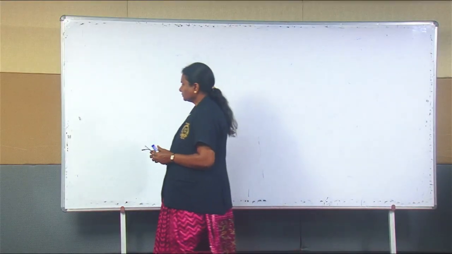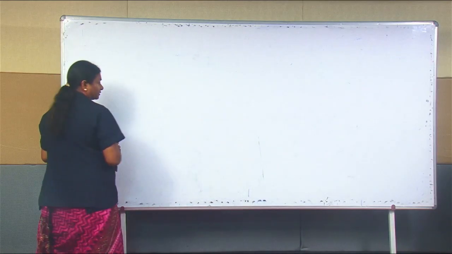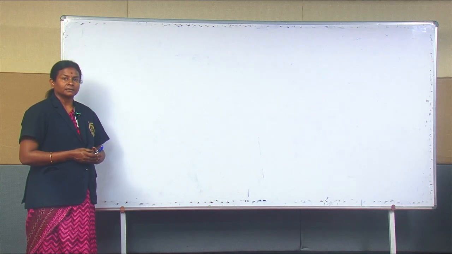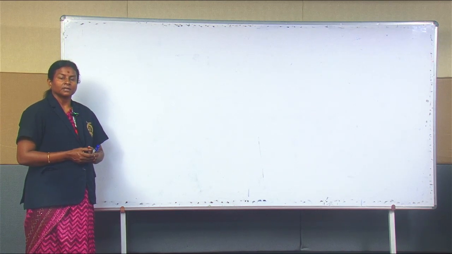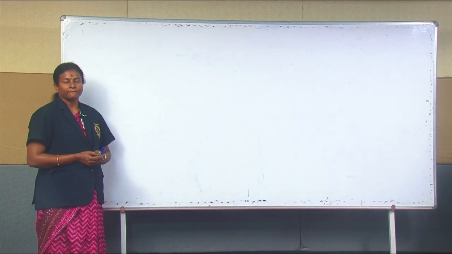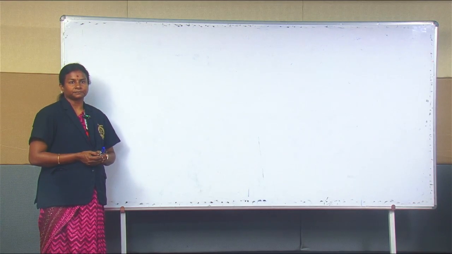Okay. If you see here, different types of lasers are also available. One is the solid state laser, gas laser, liquid laser. And if you see for a solid state laser, the best examples are ruby laser and Nd:YAG laser.